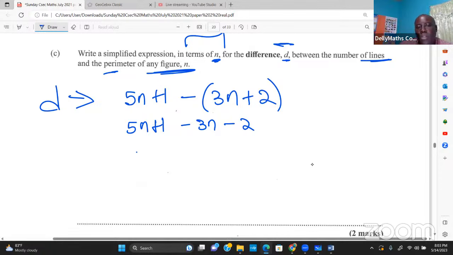Simplifying this: 5n minus 3n is 2n, 1 minus 2 is minus 1. So d is equal to 2n minus 1, 2 marks.